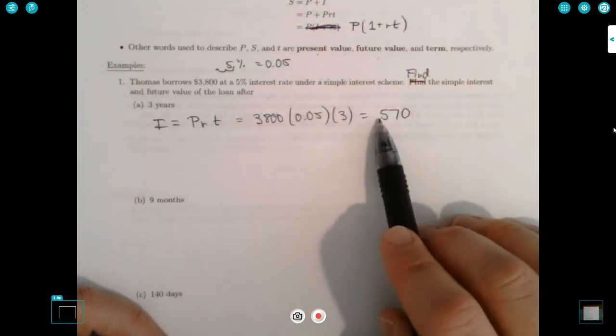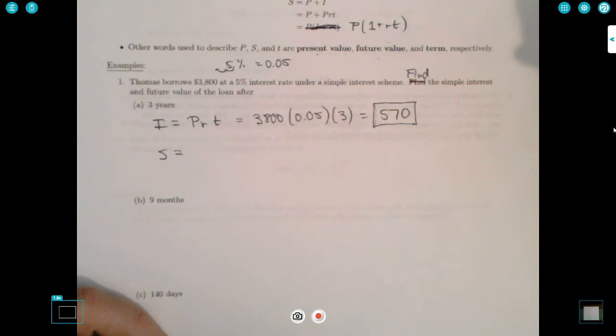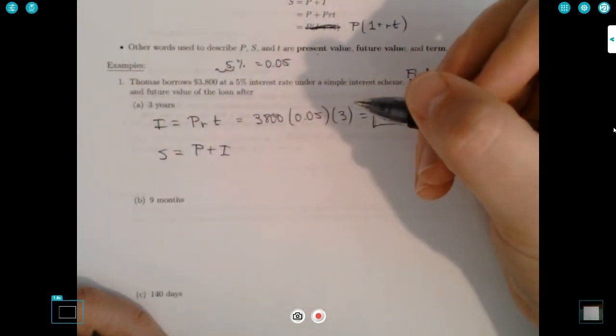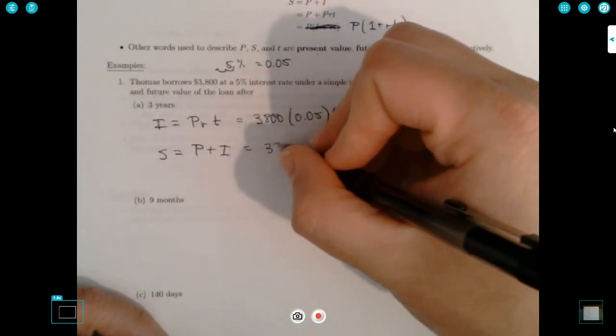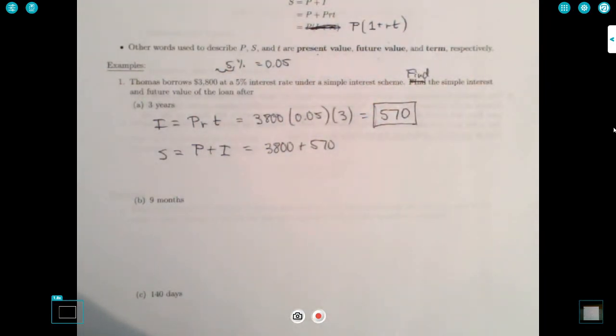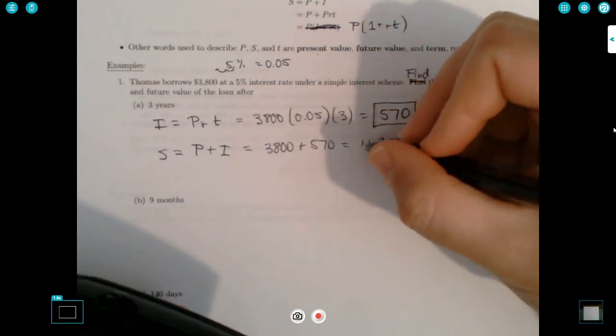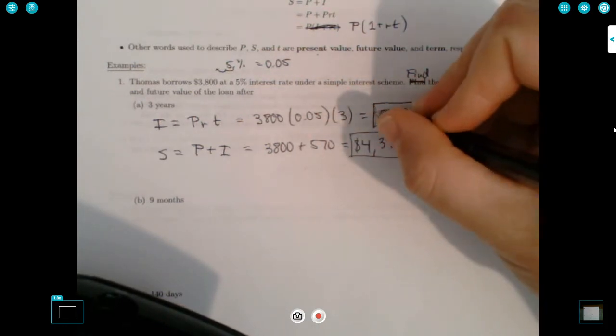The future value, so we were asked to find the simple interest, that's this, and then the future value. So this is the simple interest. The future value, S, is the principal plus the interest that you made. So that's going to be 3,800 plus 570, which comes out to $4,370, right?